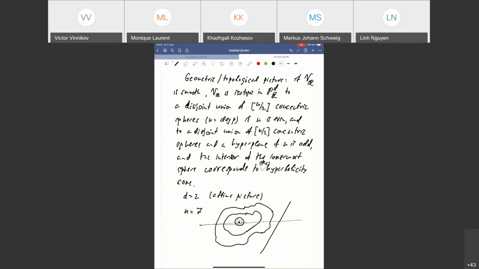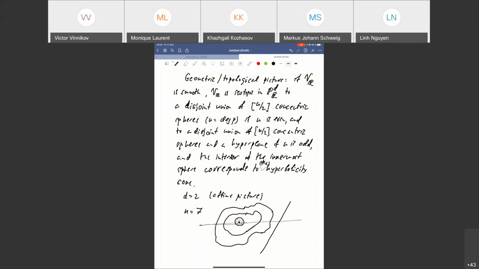Since there are 3 circles and the line, that already gives you 7 points of intersection, 2 for each circle and 1 for a line, and that forces all the intersections to be real. So that topological picture forces hyperbolicity, and that's always what happens.